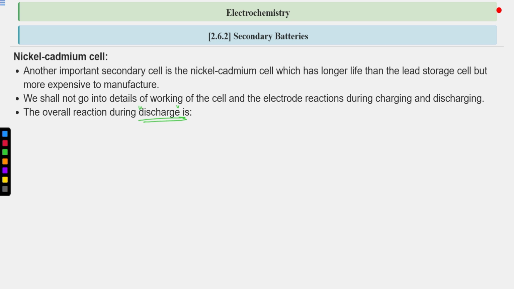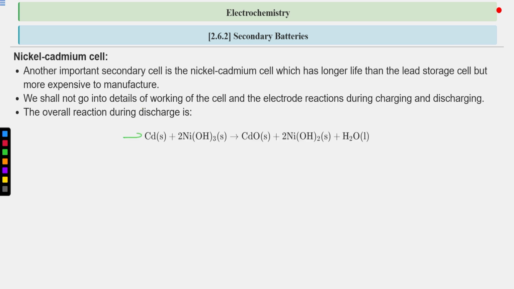We just saw the reaction during charging, right? Now the overall reaction during the discharging process. That means we have a fully charged battery and it is going to discharge, that means its energy is going to be consumed or decrease.